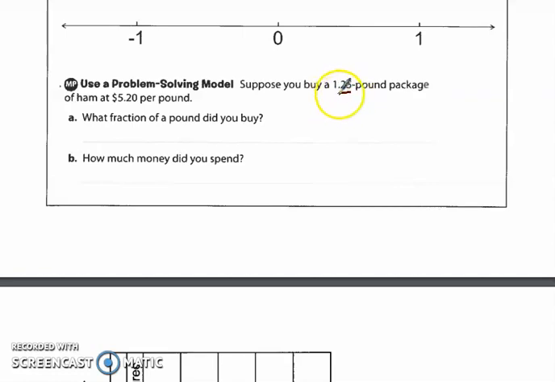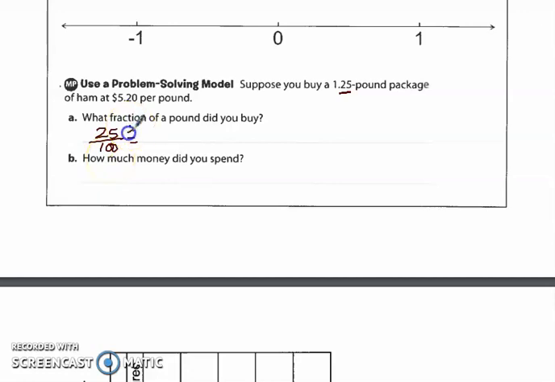Or I could do it as a mixed number. It doesn't matter. So right here, this is, remember, 25. What's the place value of the 5? 25/100. Okay. Then I want you to simplify it.